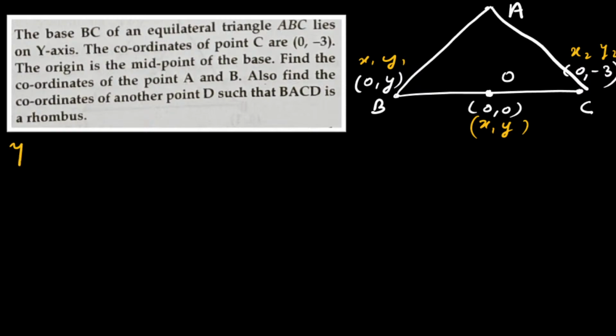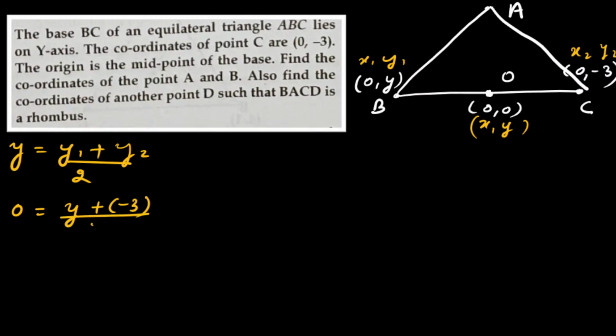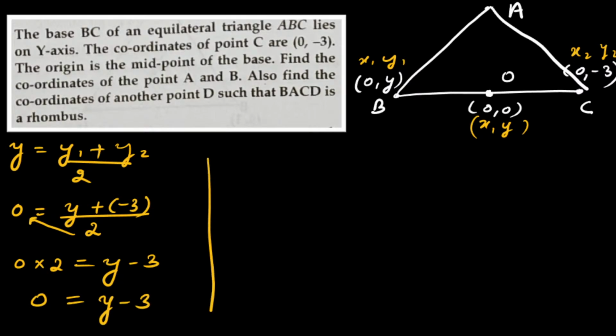So y is equal to y1 plus y2 by 2. Here y1 is y, and the midpoint's y is 0, and y2 is minus 3. So 0 is equal to (y minus 3) by 2. The 2 goes to the other side and gets multiplied by 0, so 0 is equal to y plus minus 3, which is y minus 3.